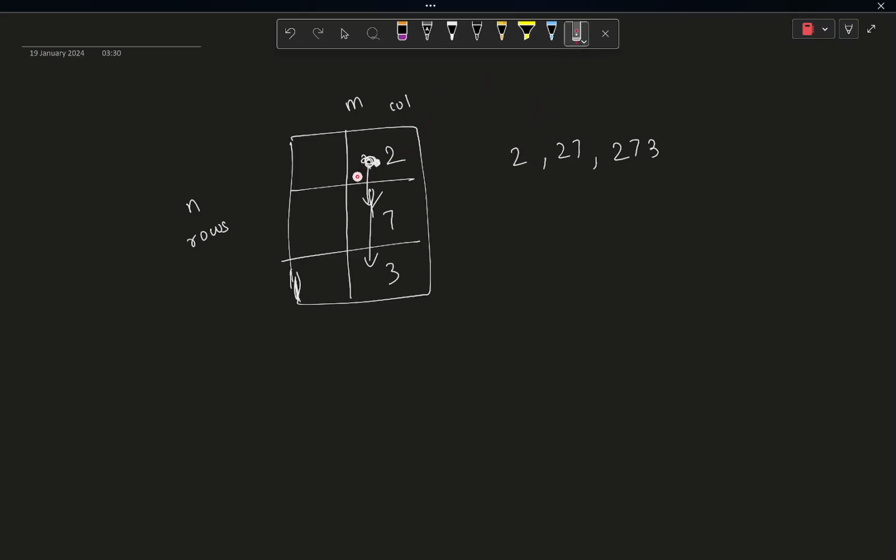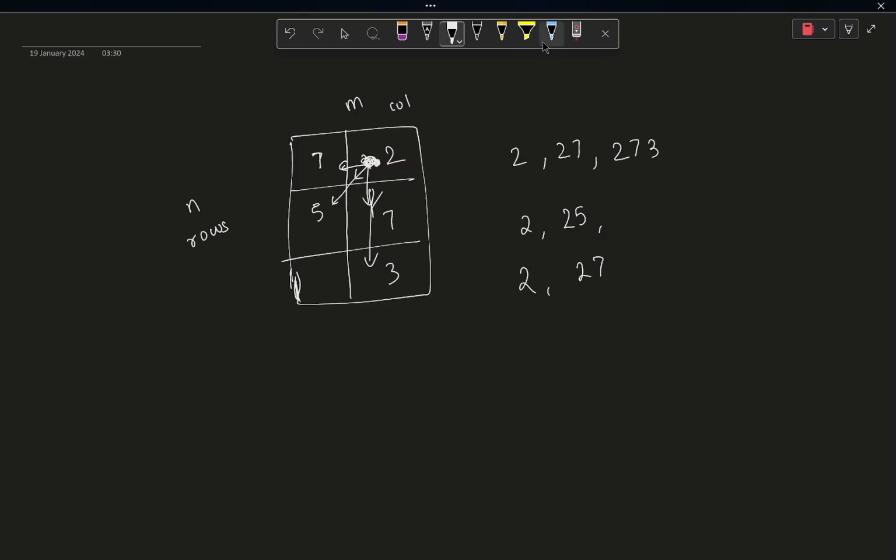Similarly, for other directions as well, you will get some numbers. Maybe let us say there was a 5 here, so while going in this direction you would get 2 and 25. And maybe in this direction if there is a 7, you will get 2 and 27.